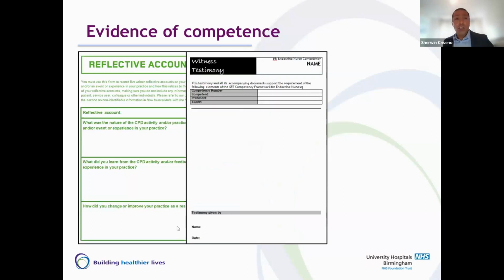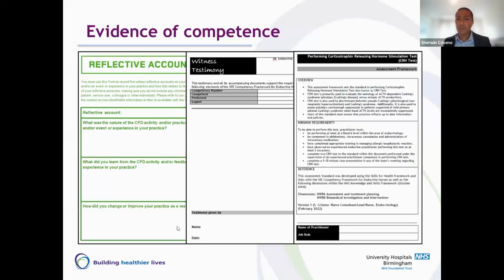You can also, when you're doing a dynamic function test, counseling a patient or seeing patients in clinic, ask either a patient or your colleague to write a testimony. How well did you do in doing that test? How well did you do in counseling the patients in your clinic? In some organizations, for example in Birmingham, we have a competency document.